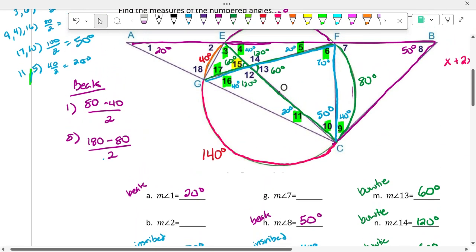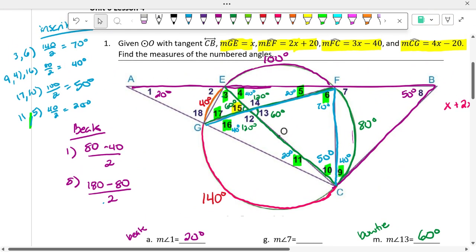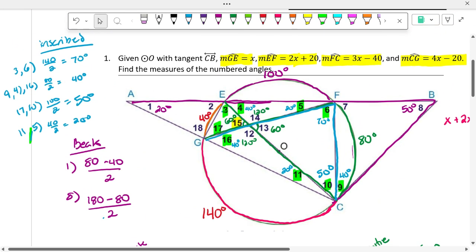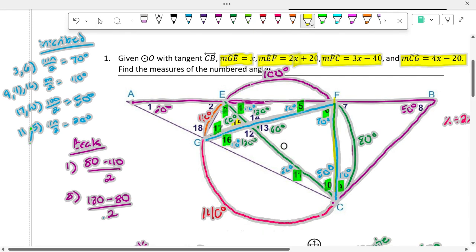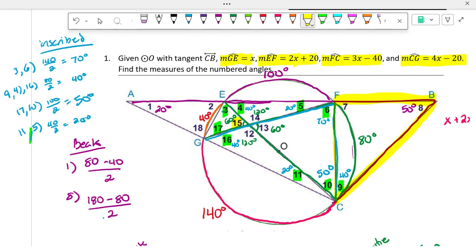Now, guys, stop talking. Now, as for 7, it's not exactly an inscribed angle because it's not made from a tangent line and it's not both points, but it's not a beak either. But we can easily find it because what's true about this shape right here? It's a triangle. So how do you think I can find what angle 7 is?